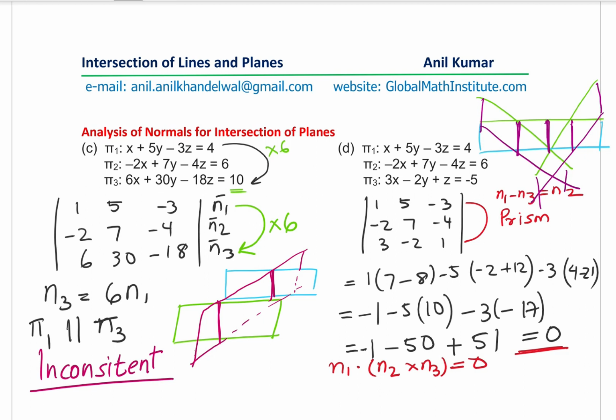But what is important here is to see that they form a prism. All do not intersect at the same line, but these are different lines. Two planes intersect in a line and they don't match with the other set of intersection. Correct? So that is what it is, and it makes a prism, as I was saying. Correct? So I hope that makes sense. So we have four different types of examples here.